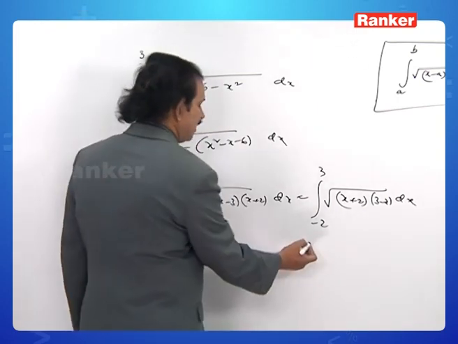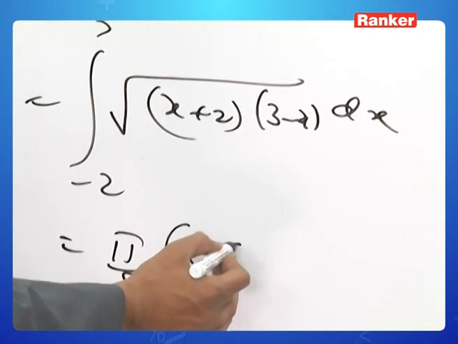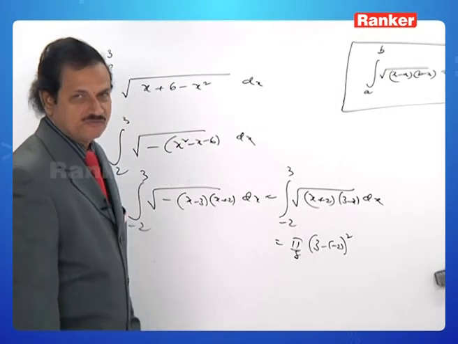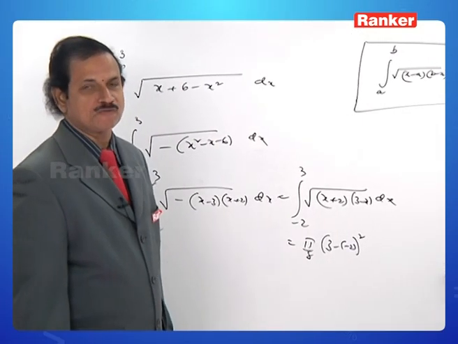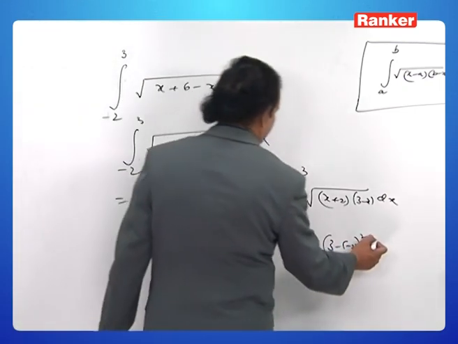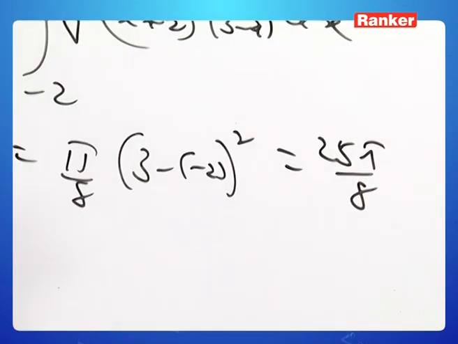What is the formula? This is nothing but pi by 8 into b minus a whole square, isn't it? What is 3 minus of minus 2? 3 plus 2, 5. 5 square is 25. Hence, the answer is 25 pi by 8.